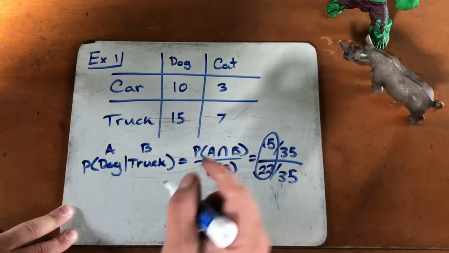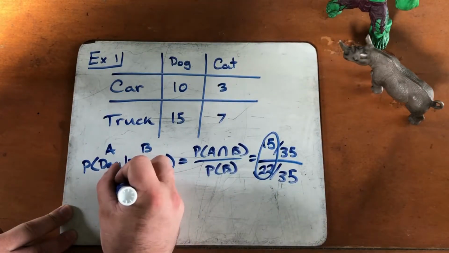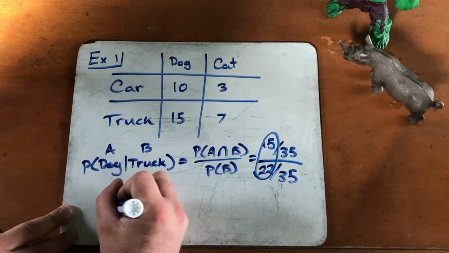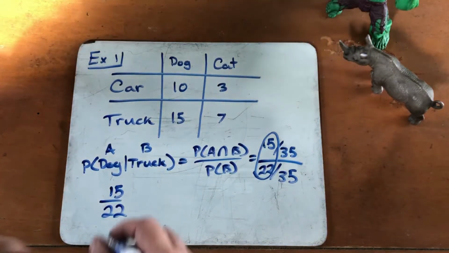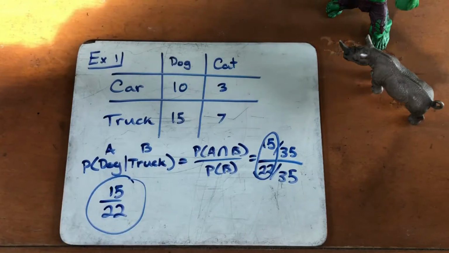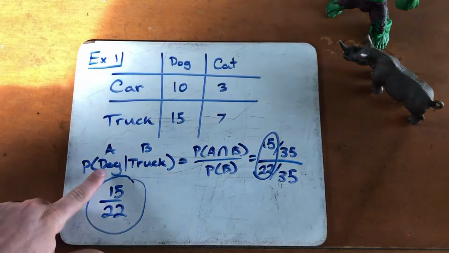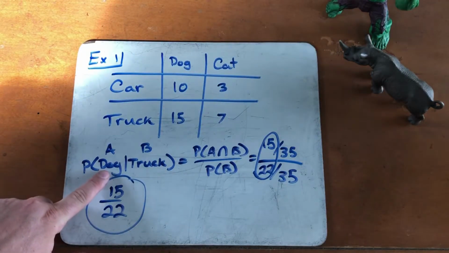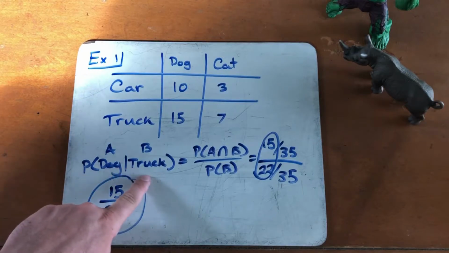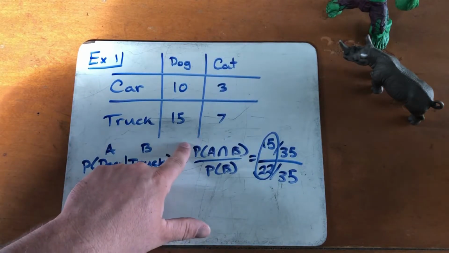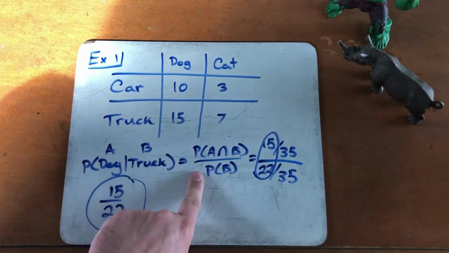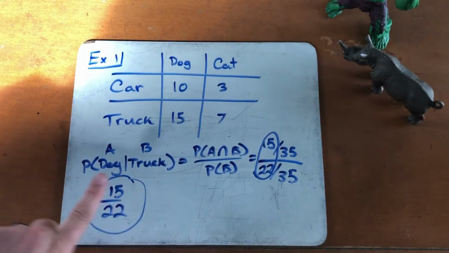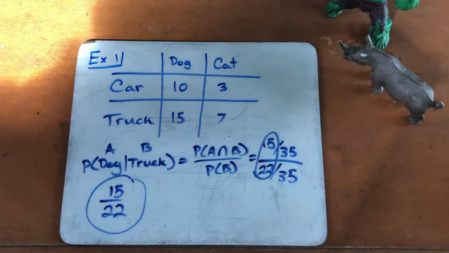When I simplify that, I find that it is 15 out of 22. Does that fraction simplify? No. I am finished. So the probability that someone owns a dog given that they own a truck is the probability of owning a truck and a dog divided by the probability of owning a truck, which gives me 15 over 22.